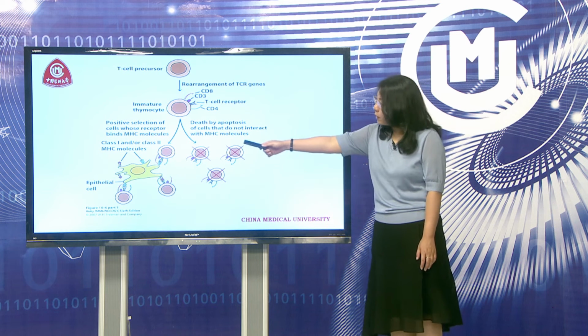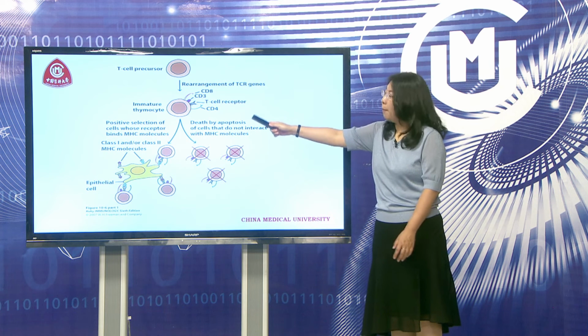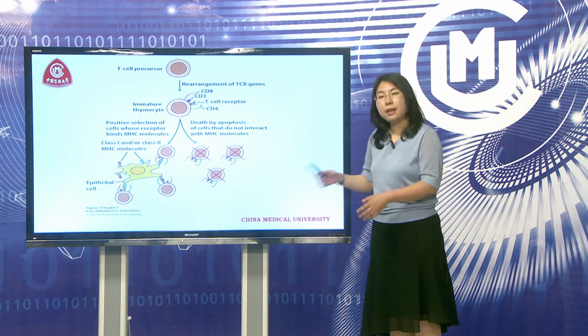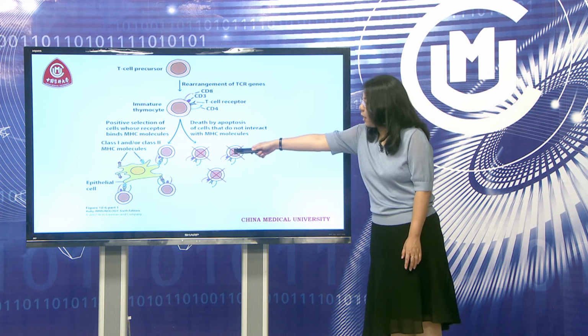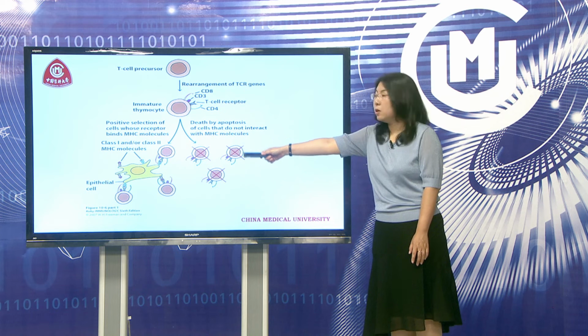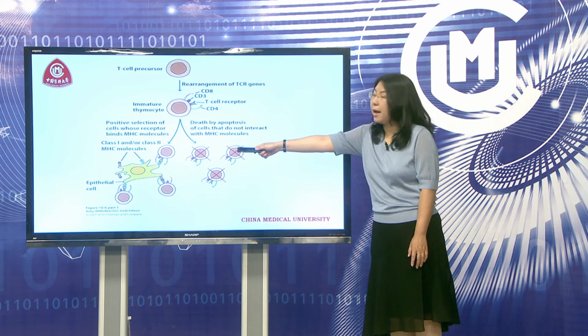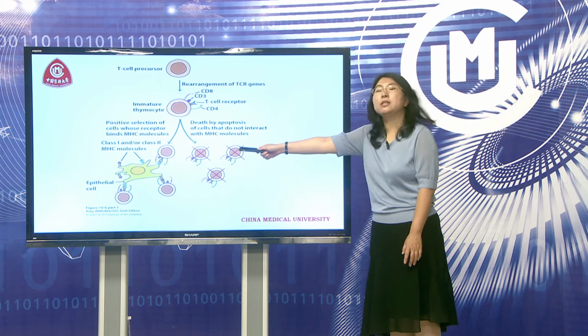So now the double positive T-cell binds with MHC, and this is by chance. For example, this T-cell can recognize this class 1 molecule. So this TCR recognizes this MHC1 molecule, and this is a double positive T-cell, right?